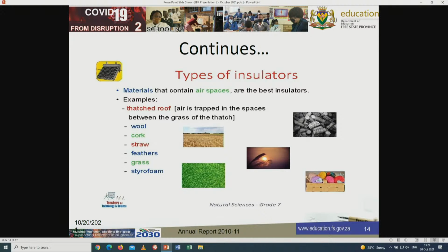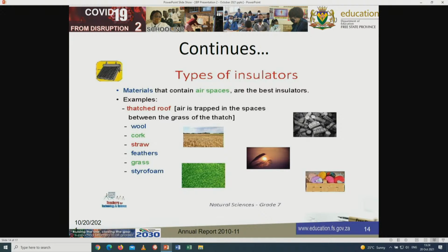These are the types of insulators that can be used to save energy. Such material contains air spaces. Remember, air is a bad conductor of electricity. That is why it can be used as an insulator.